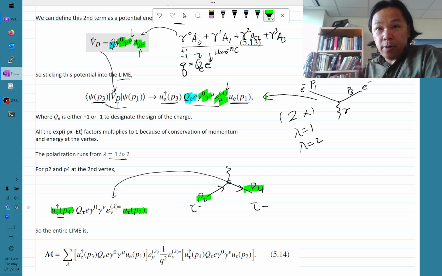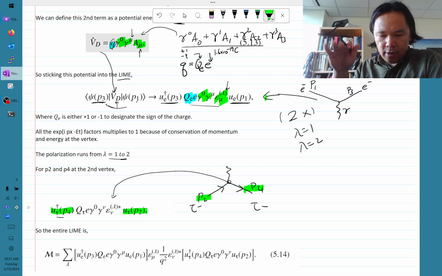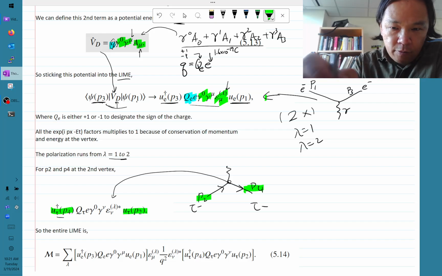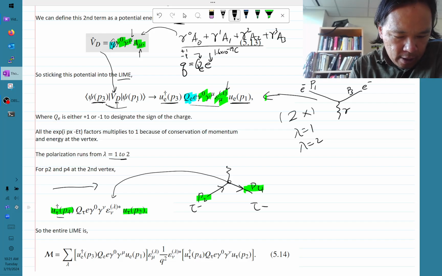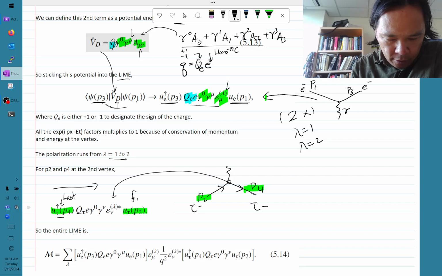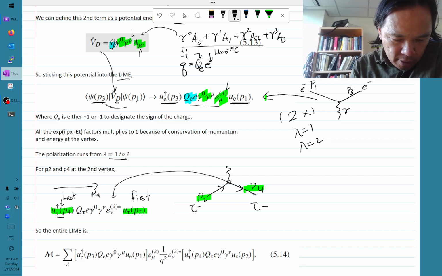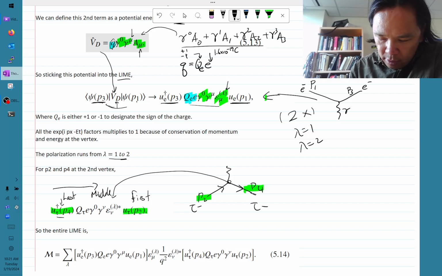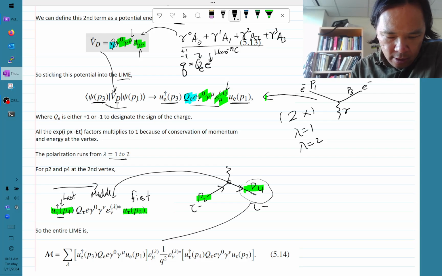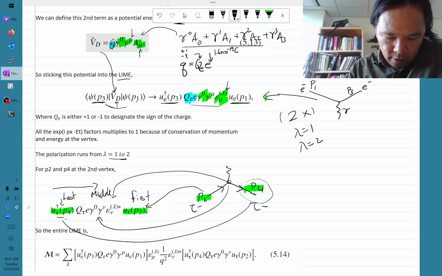I want to get you thinking about this now: if I'm reading this left to right, this is the last particle in the diagram, this is the first particle in the diagram, and this is the middle one. So whenever you have a Feynman diagram, you actually want to start writing from the end. This connects to this connects to this, and this piece connects to this.